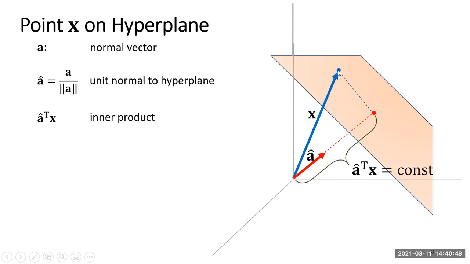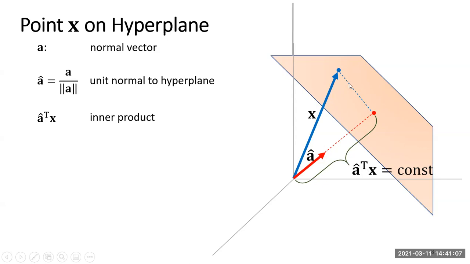Now we take any point X, this blue point X, on the surface, on the hyperplane. Okay, so this point X is on the hyperplane. What does it mean?